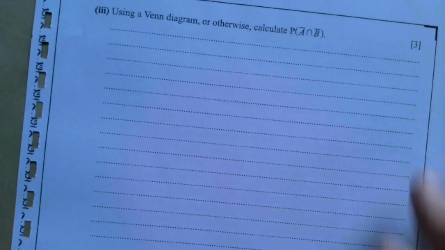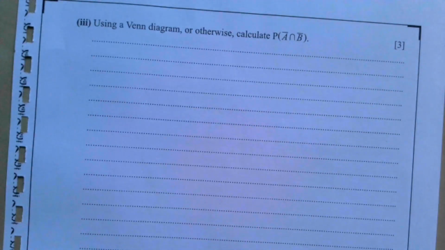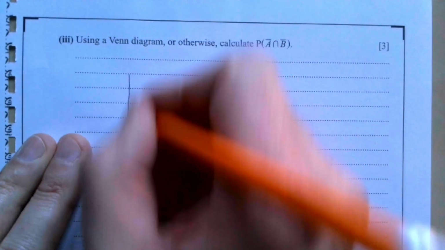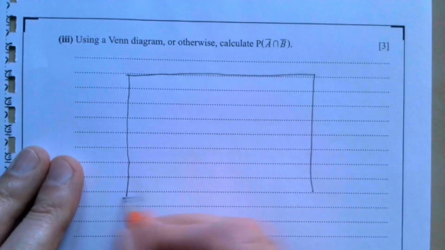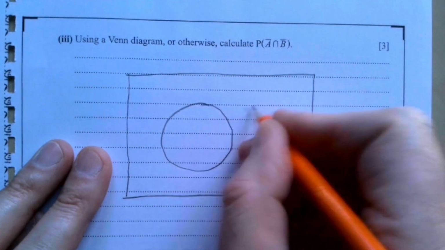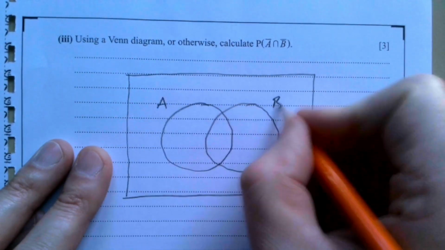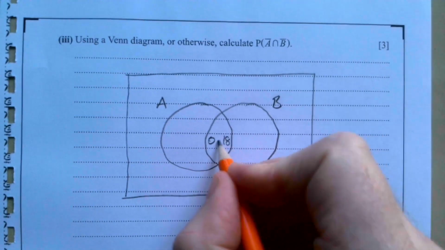Using a Venn diagram or otherwise calculate the probability of not A and not B. So we know the probability of A and B is 0.18, so that goes in there.